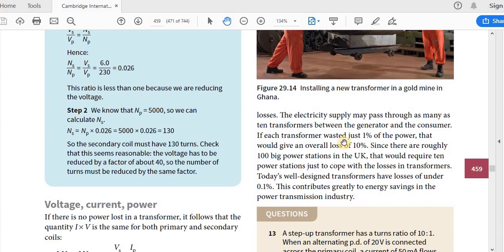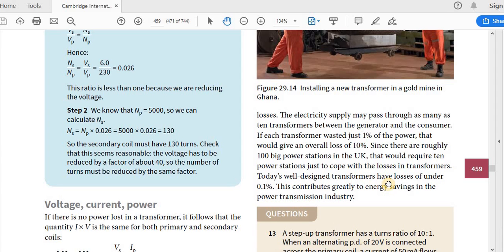If each transformer wasted just 1% of the power, that would give an overall loss of 10%, because it passes through 10 transformers. Since there are roughly 100 big power stations in the UK, that would require 10 power stations just to cope with the losses in transformers.